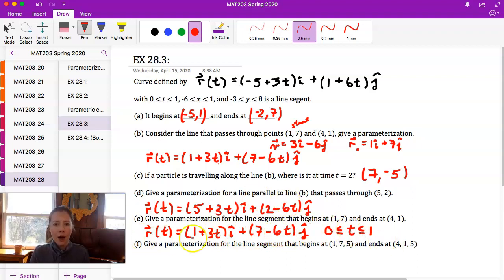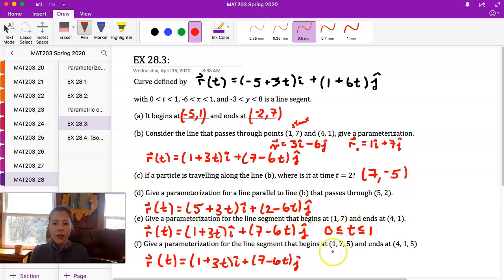How about the line segment that begins at 1, 7, 5, so looking in 3 space, and ends at 4, 1, 5? We can use close to the same parameterization, because here our x and y coordinates are remaining the same. So 1 plus 3t i hat plus 7 minus 6t j hat.